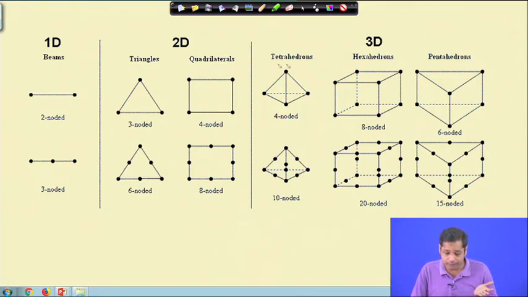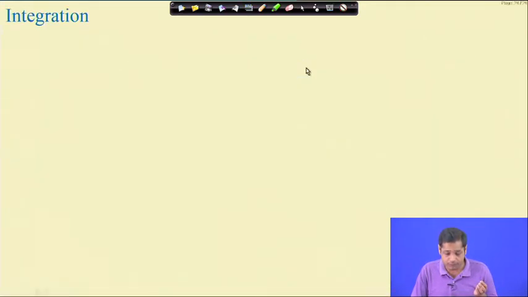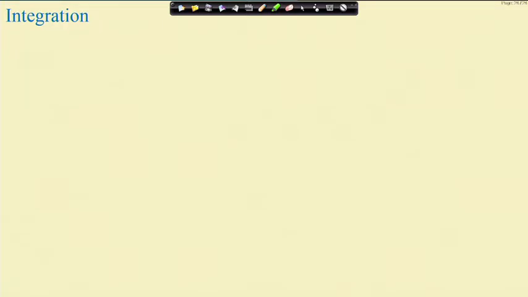You might have studied various integration methods.